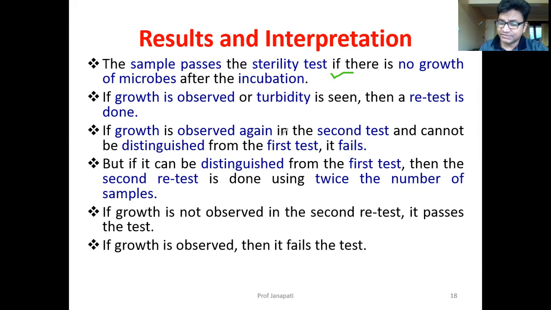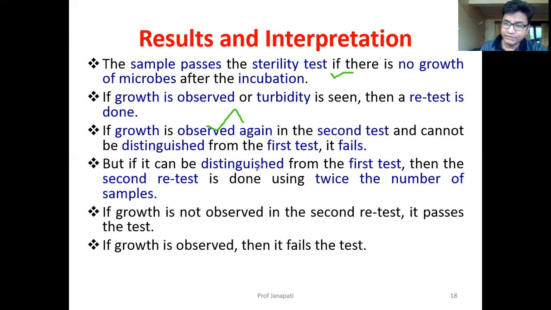If growth is observed again in the second test, then the sample has failed. If you are not able to distinguish between the first test and the second test, then also it fails. The samples are not sterile and it is failed.